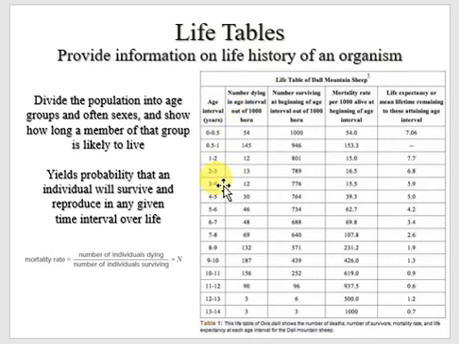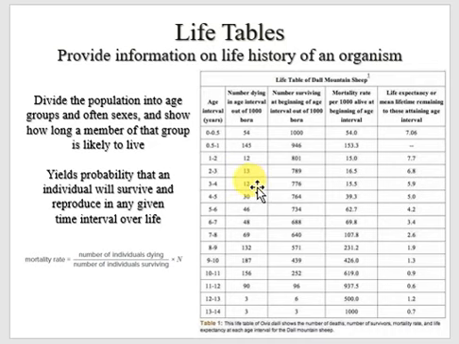So, for example, if you look at the age interval for 3 to 4 years of age, 12 individuals of the 1,000 die out.